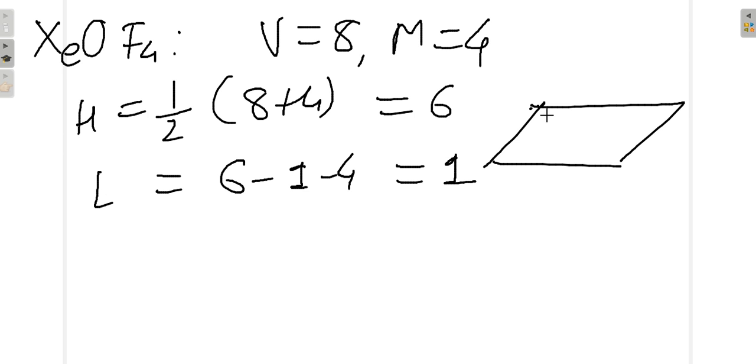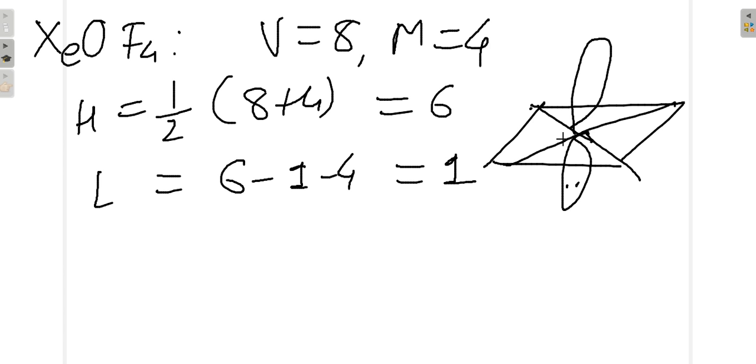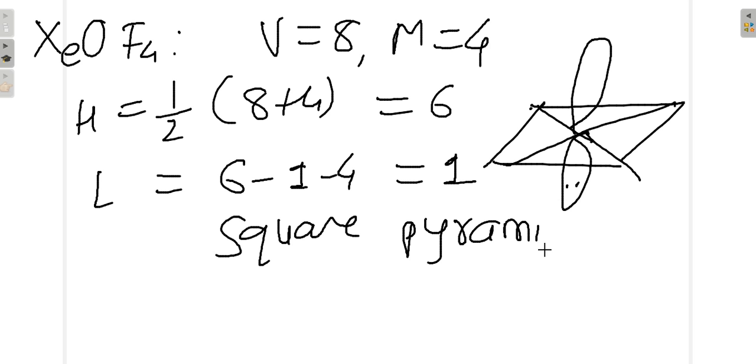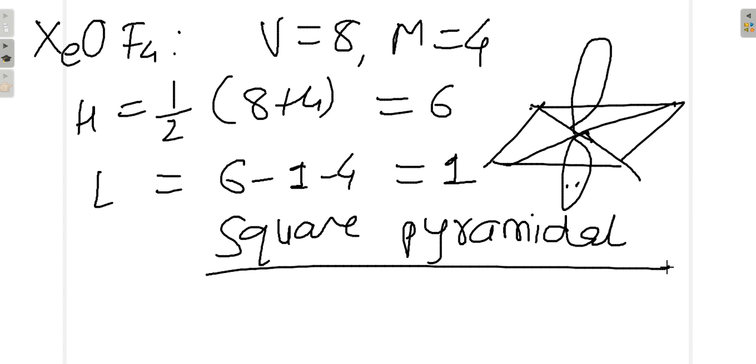So in the square there will be 1, 2, 3, 4. One lone pair will go here and one atom will be here. So it will be a square, not bipyramidal, because lone pair is not considered in geometry. So it will be called square pyramidal, not bipyramidal. Please note. It will be called a square pyramid.